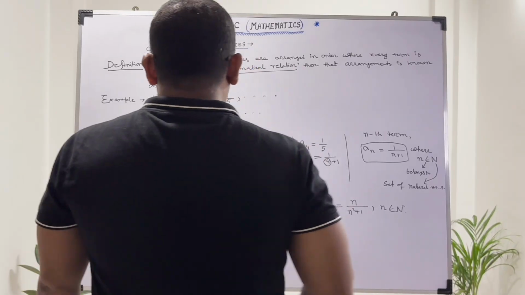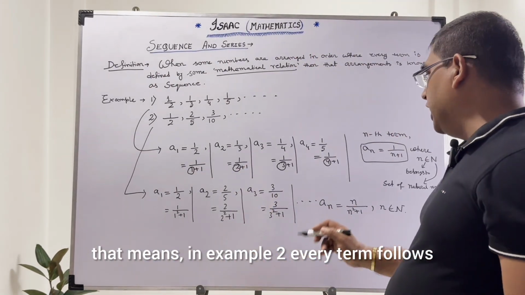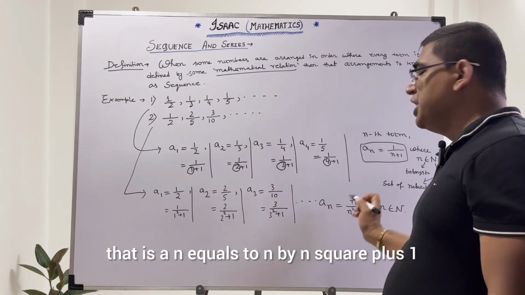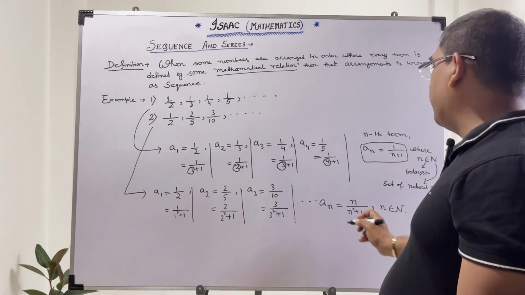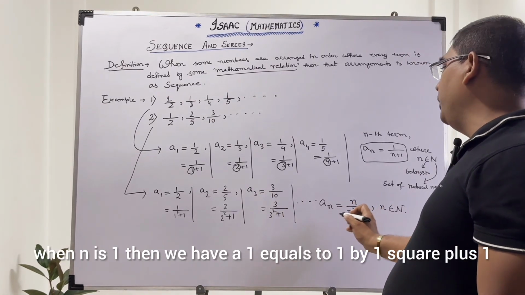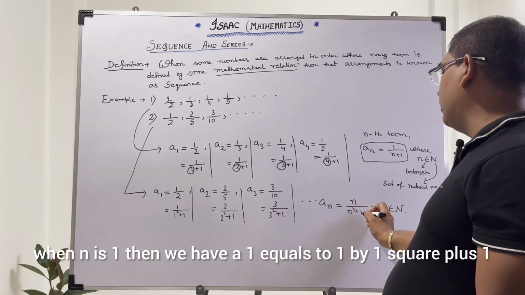Okay. That means in example 2, every term follows this general mathematical relation, that is, an equals n/(n squared plus 1). That means for the first term, when n is 1, we have a1 equals 1/(1 squared plus 1).